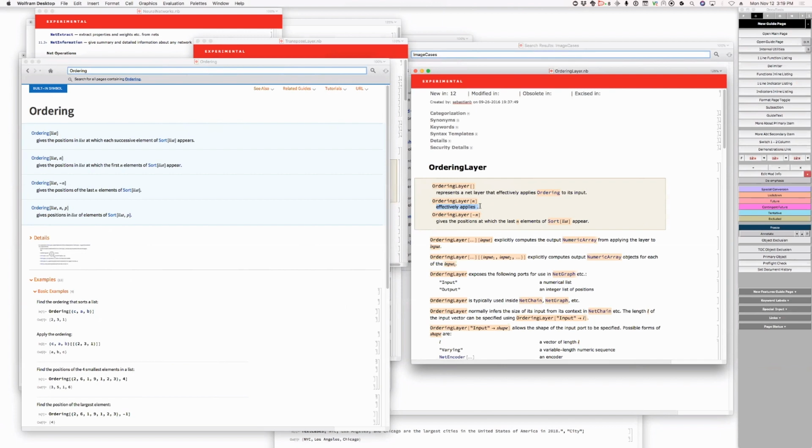Yeah, but is it the same as saying take of the result of ordering, comma n? Yes. Okay. Gives the first n elements in the ordering of its input.